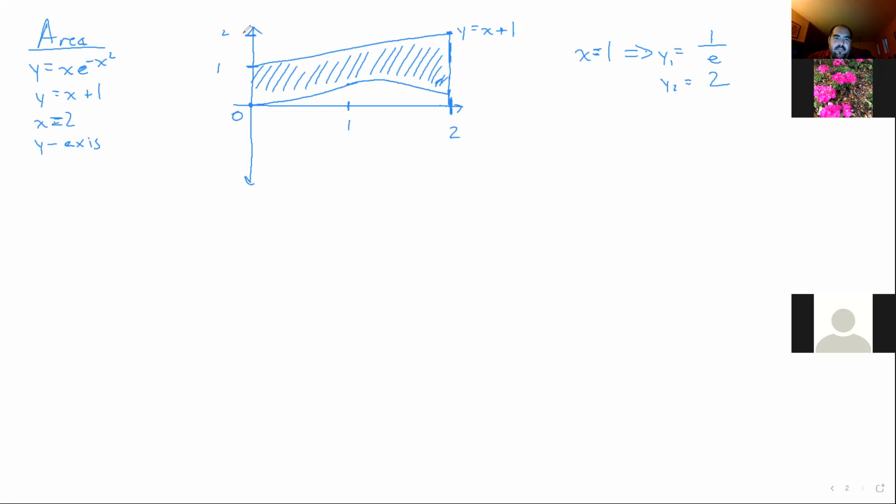Oh, I messed up here. Anyway, that gives you what the upper function is and what the lower function is, and you can do that without graphing.